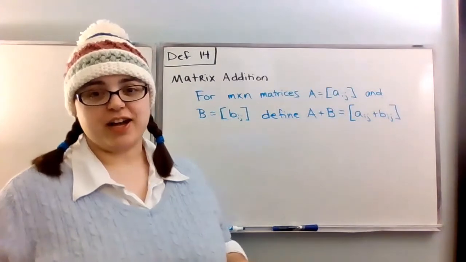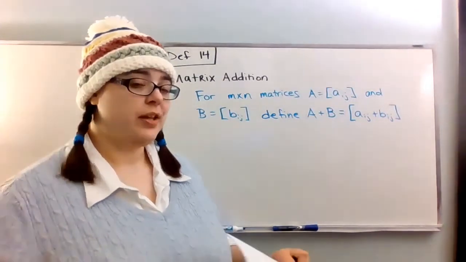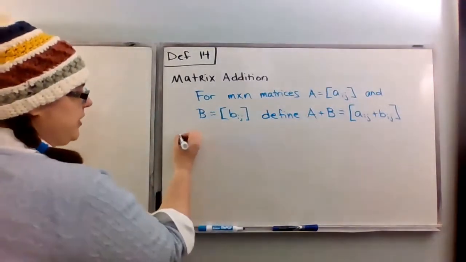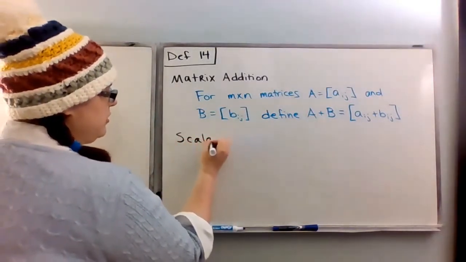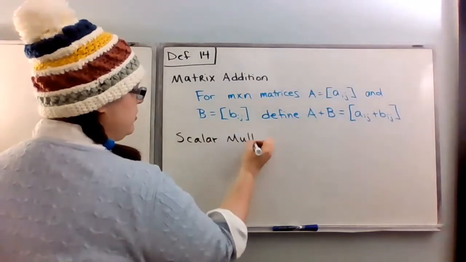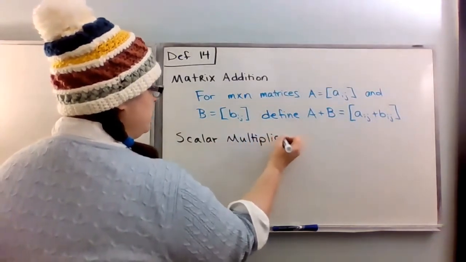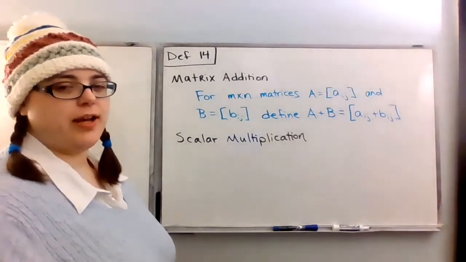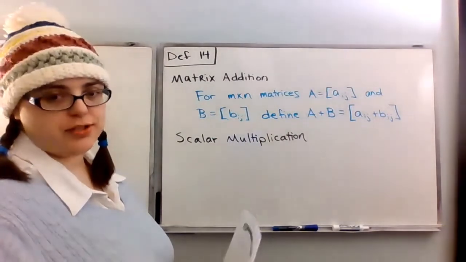We're also going to define scalar multiplication, which is also a very nice definition. Scalar multiplication is going to happen when you have a number times a matrix.